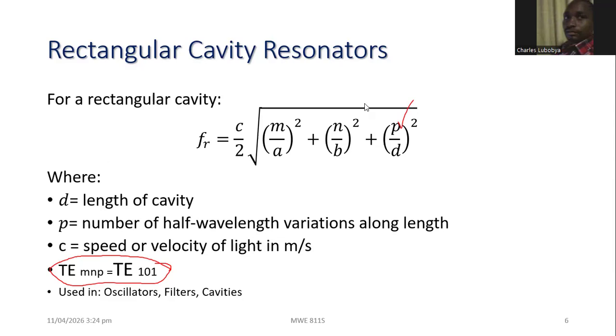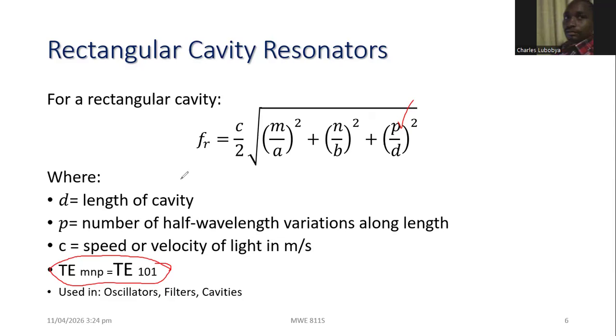So let's move on. As we look at these cavity resonators, with this formula we can calculate what is known as the resonant frequency. The resonant frequency fr is essentially c over 2 multiplied by the square root of (m over a) squared plus (n over b) squared plus (p over d) squared.